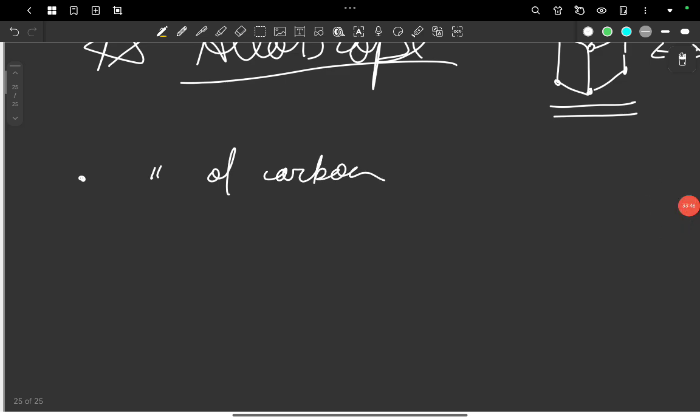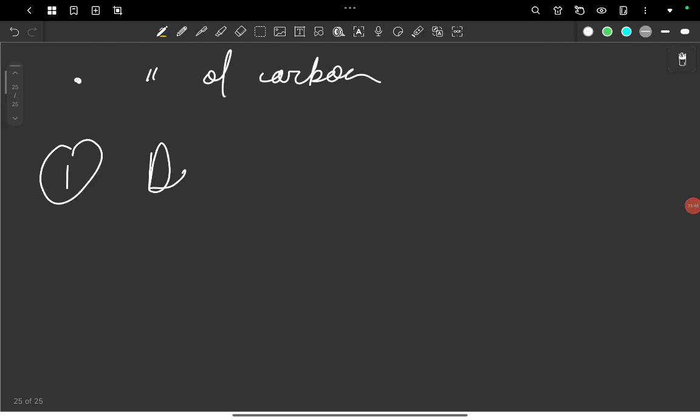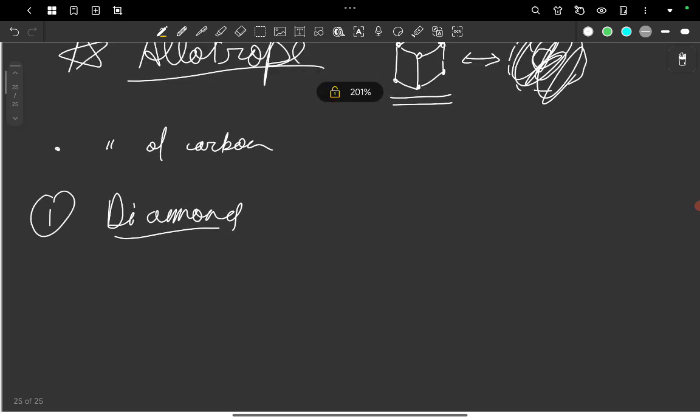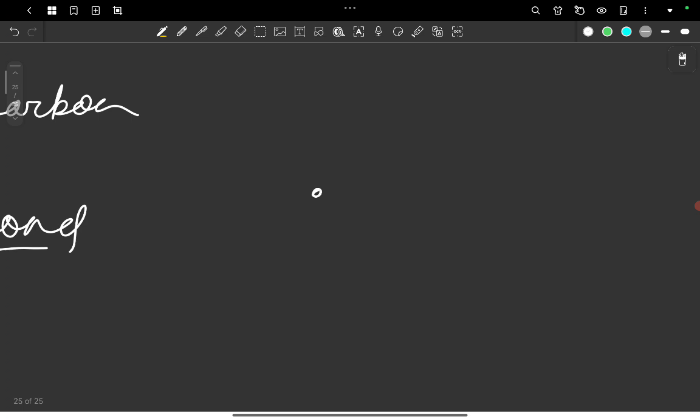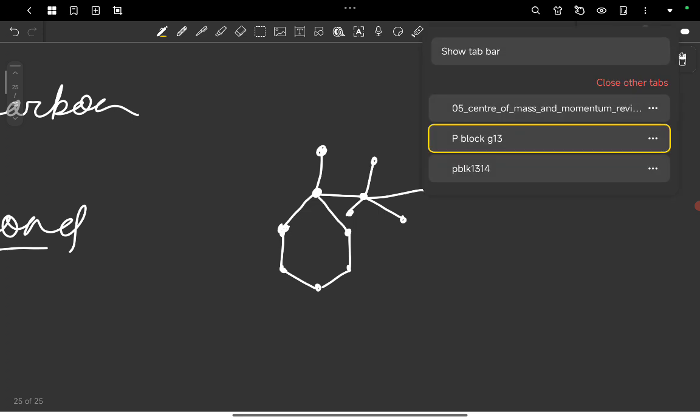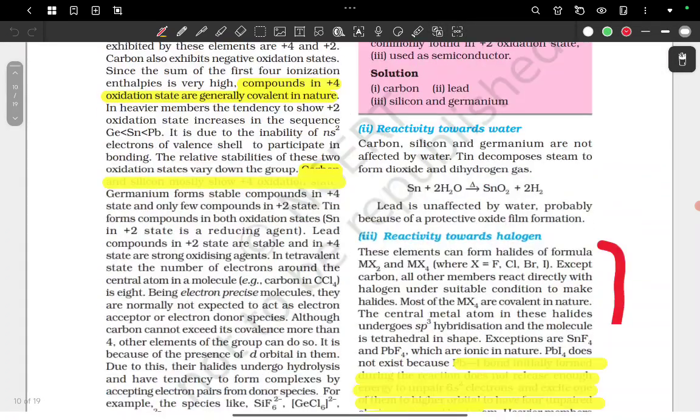So first let's quickly study diamond. Diamond is basically a connected chain of carbon atoms like this. It is what you call a tetrahedral structure. In fact, the NCERT shows you a better diagram than me. Don't rely on my drawing.